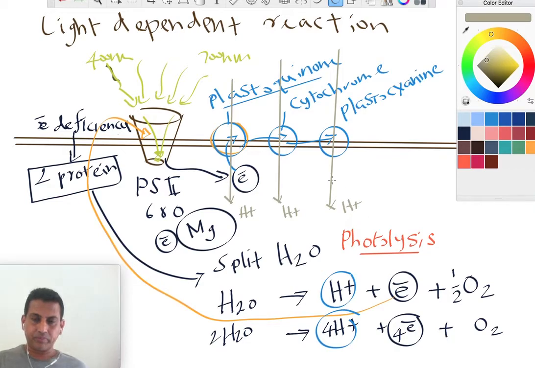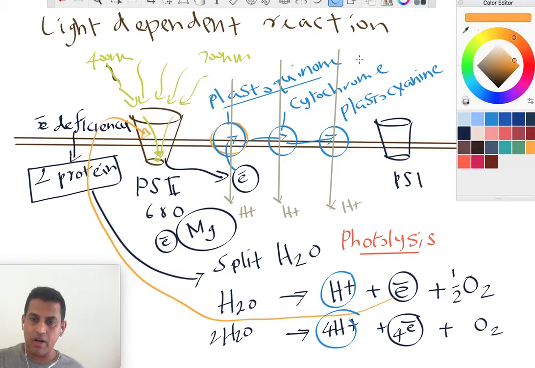Next, this electron, that's photosystem 1.